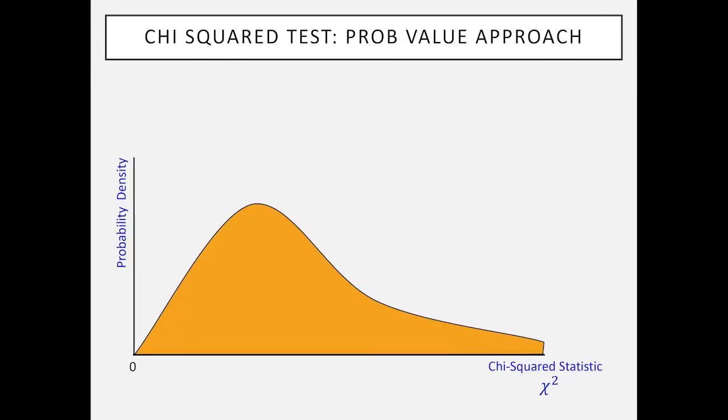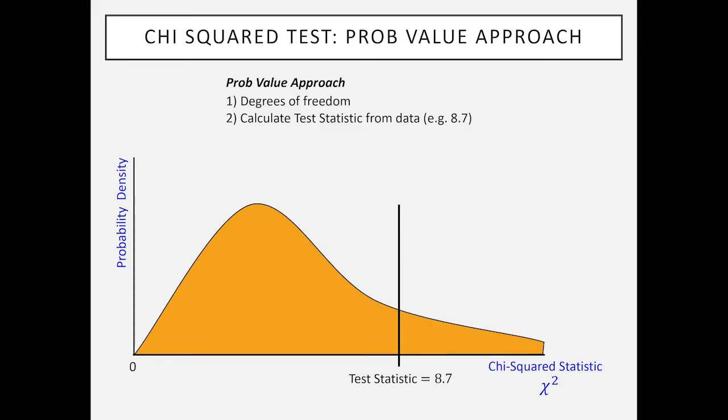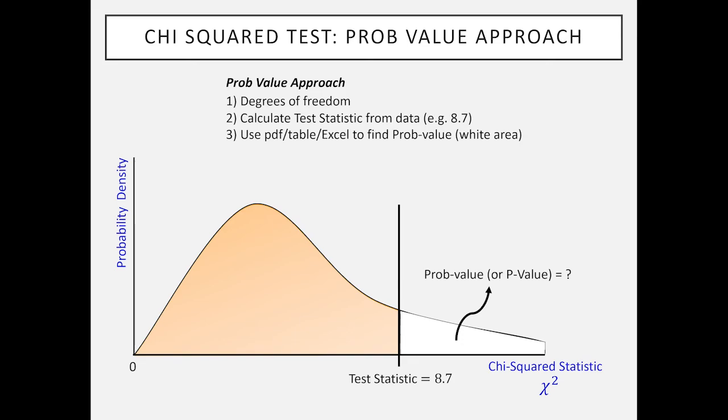There's another way of doing this test, which is referred to as the PROB value approach. Once again, I'm going to stick with the degrees of freedom, for example, equal to 6. We'll use that from the table. Next, we'll calculate from the data a test statistic. Let's say, for example, it's 8.7. In which case now, I'll have to determine the PROB value or the p-value.